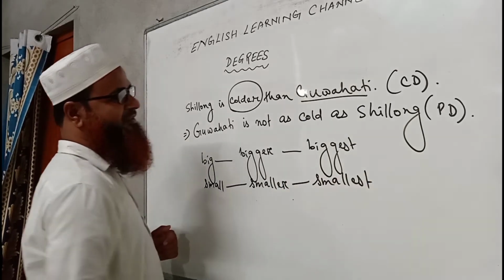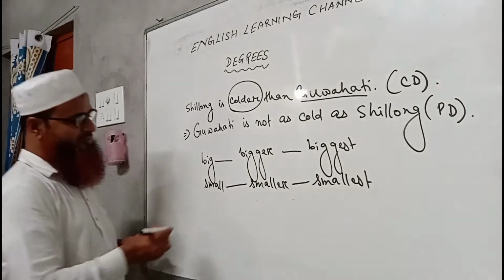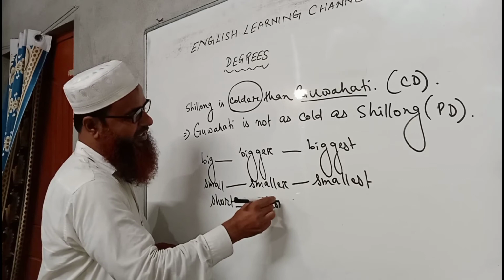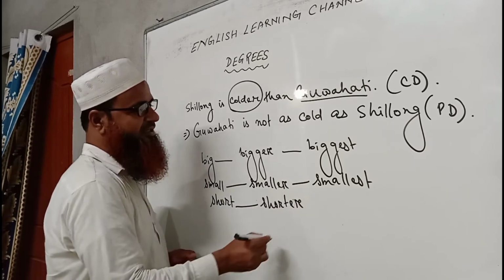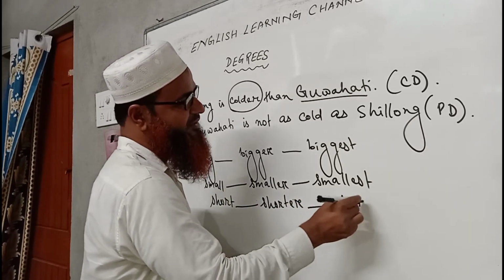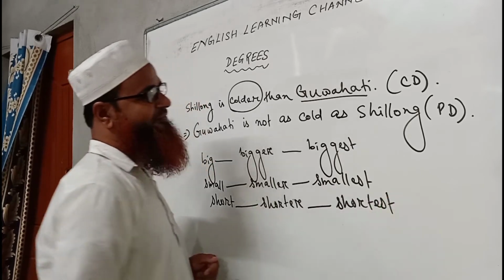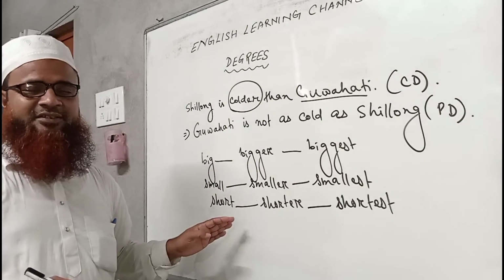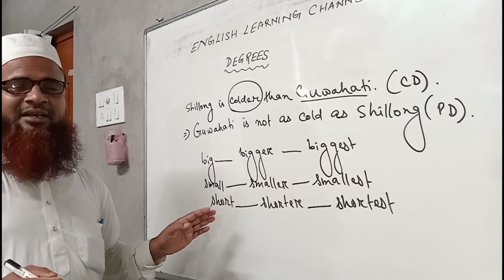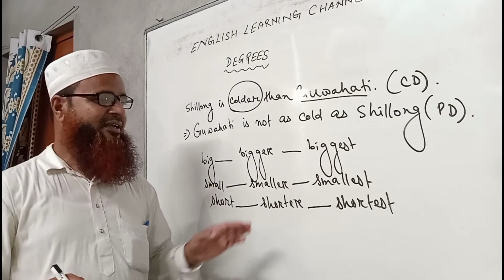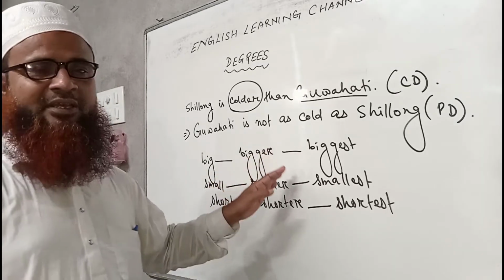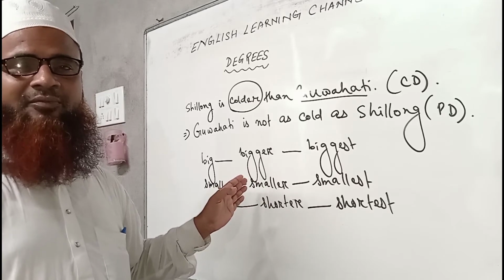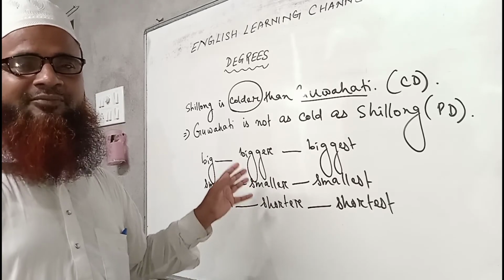Then tall, taller, tallest. We may write short, shorter, shortest. So these will be the comparative and superlative degrees of these small words. It is very simple to remember, and everything will be very easy when converting sentences from positive to comparative or superlative.